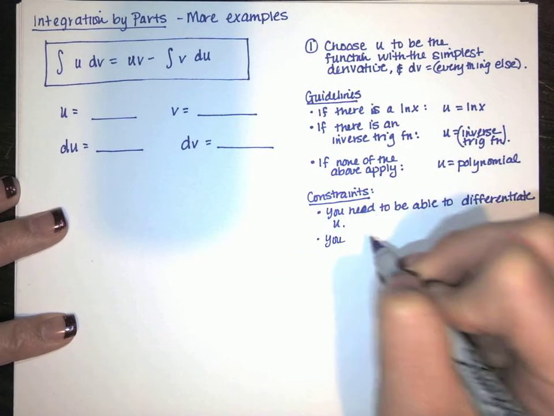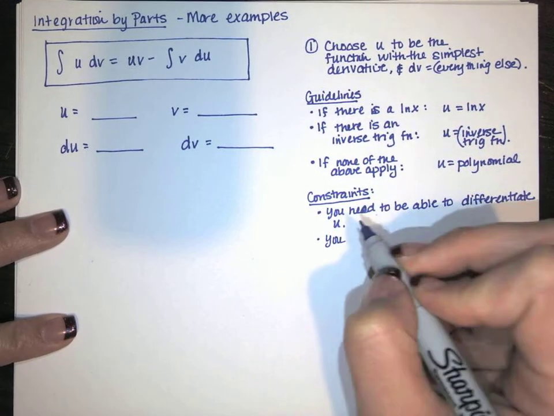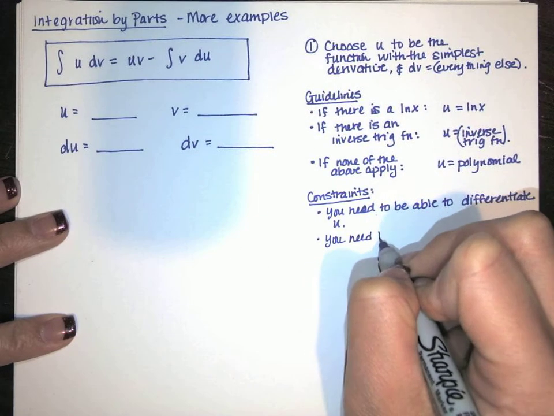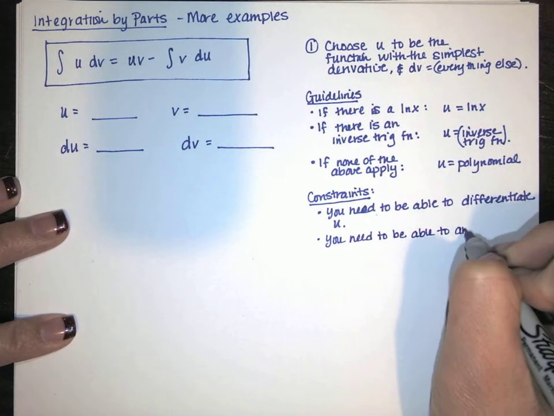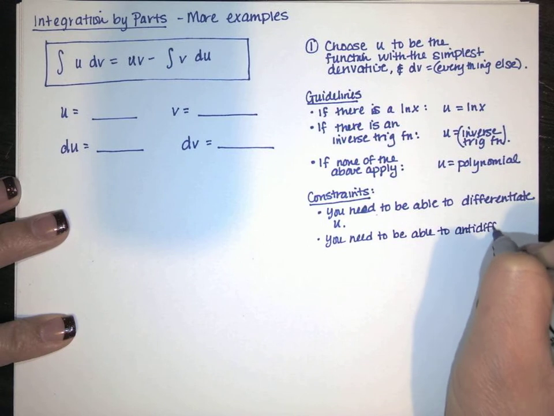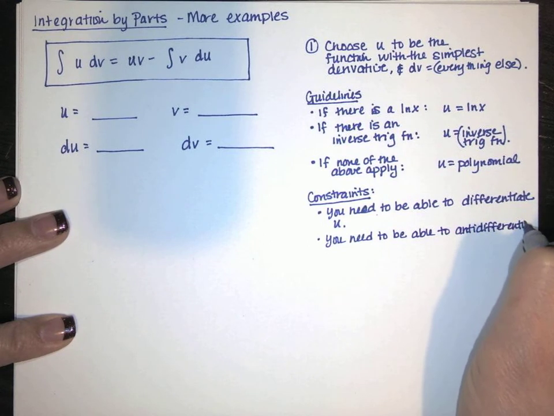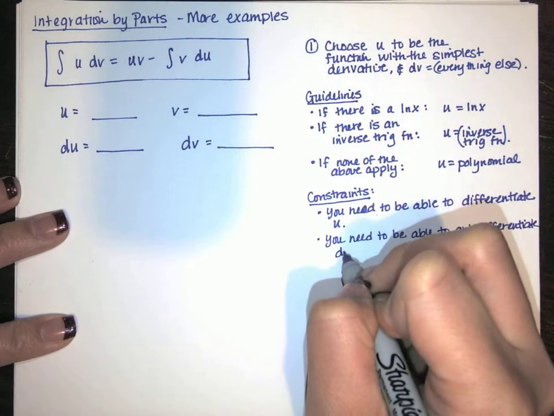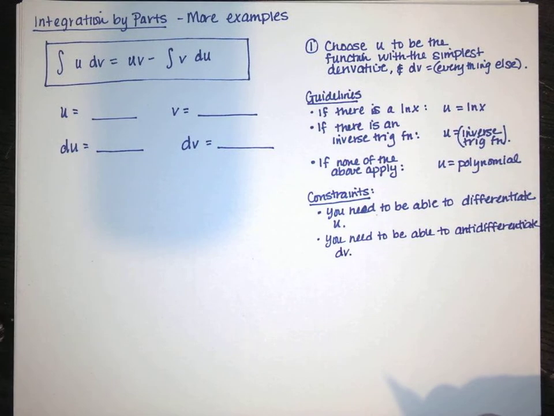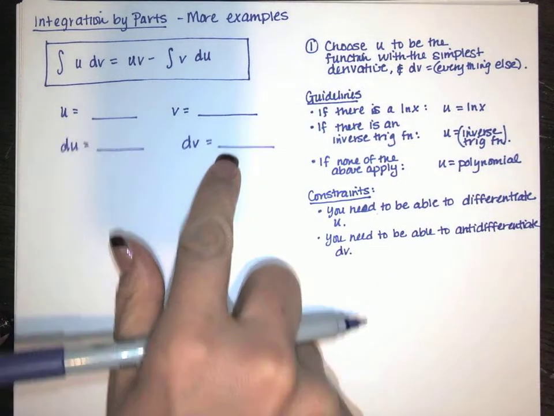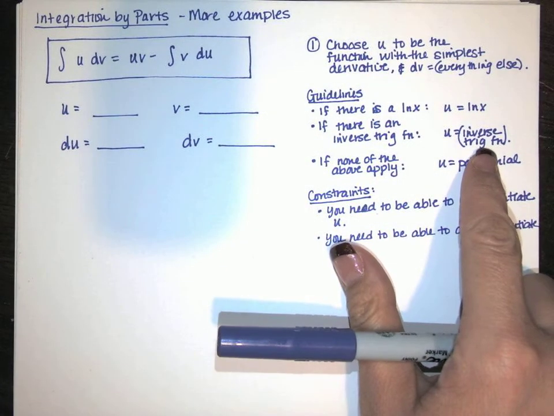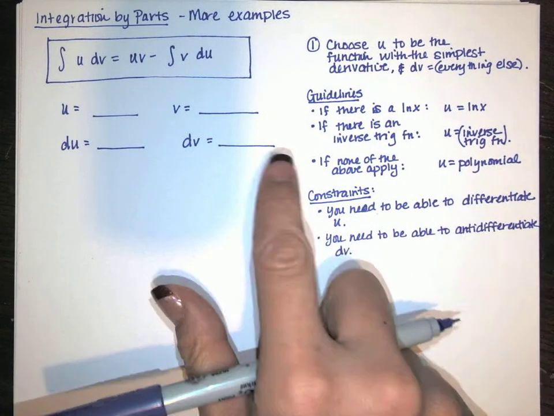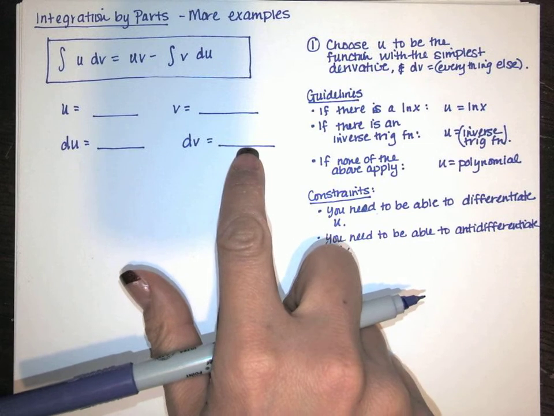You also need to be able to anti-differentiate dv. So whatever dv is, I need to know what its antiderivative is. That's one of the reasons why we use u to be the inverse trig functions when those show up. I don't know the antiderivative of, say, arctan.